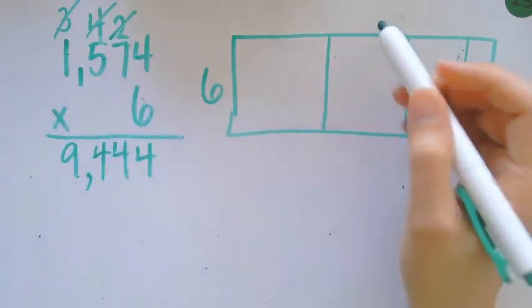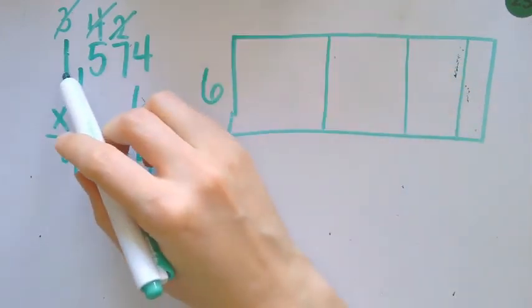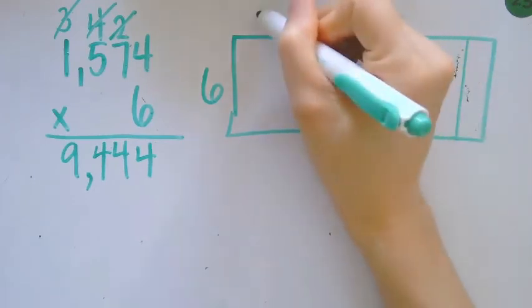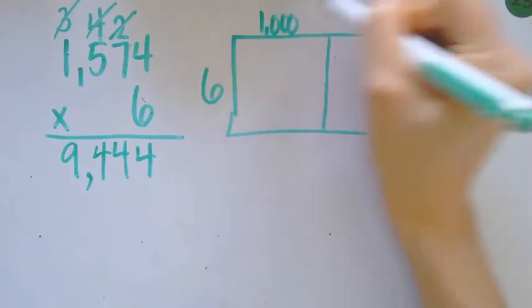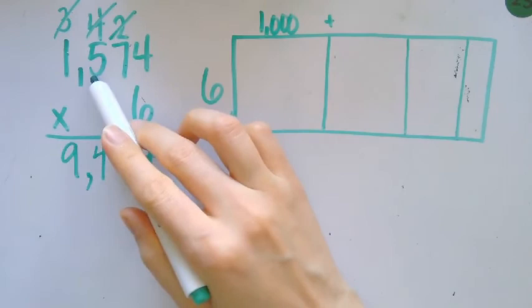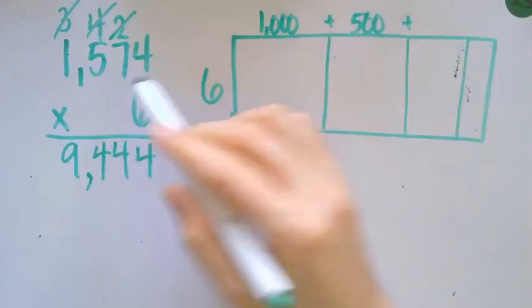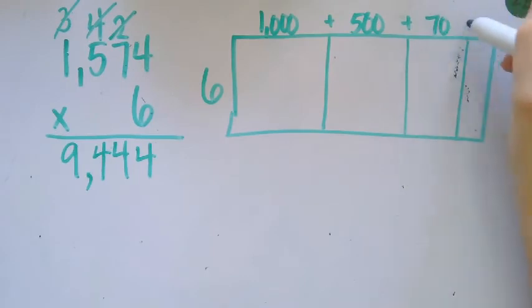Okay, so I'm going to go ahead and write what 1 in the thousands place represents. 1 in the thousands place represents 1,000 plus 5 in the hundreds place, which is 500. 7 in the tens place, which is 70, and 4 in the ones place.